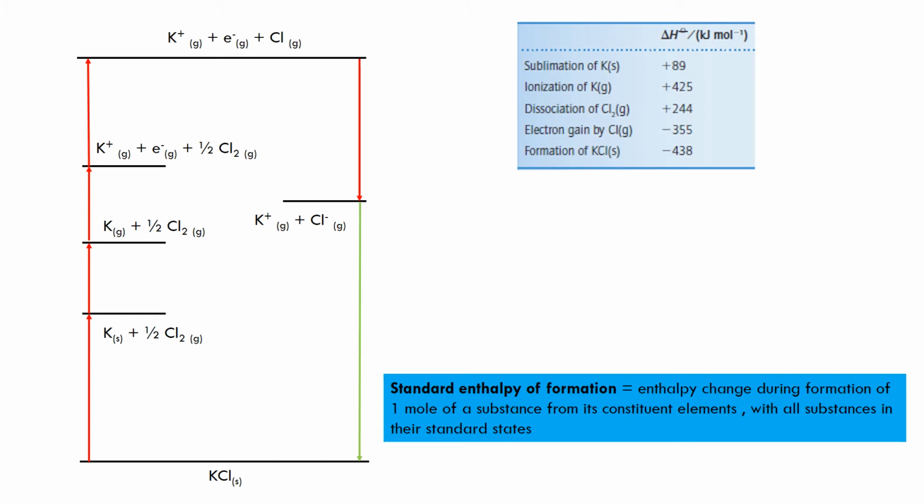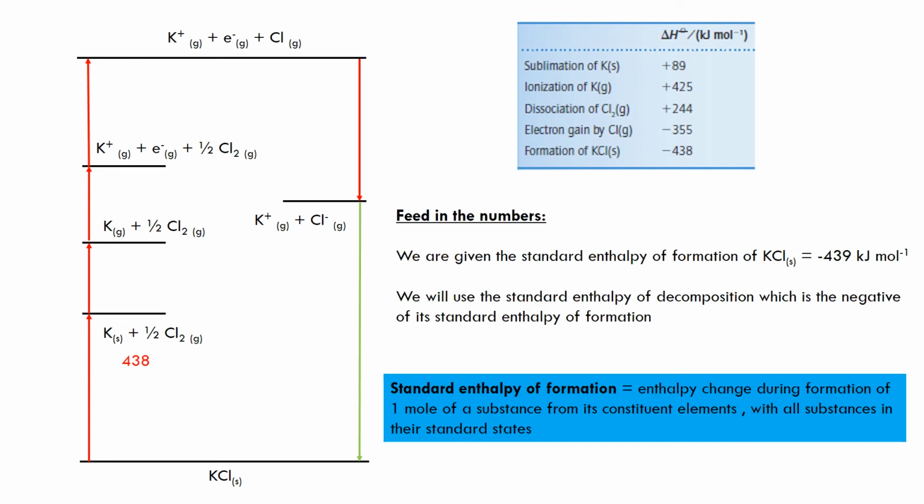These values of empirical data can be used in the Born-Haber cycle to calculate the lattice enthalpy for potassium chloride. So I've got to feed in the numbers here based on this empirical data.